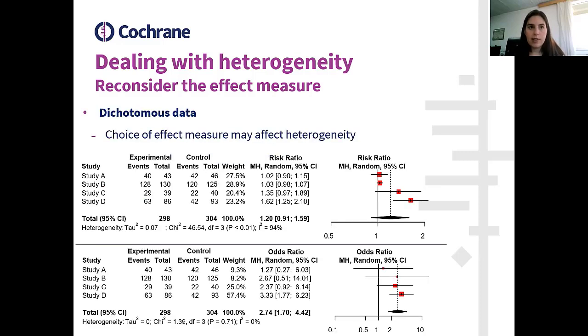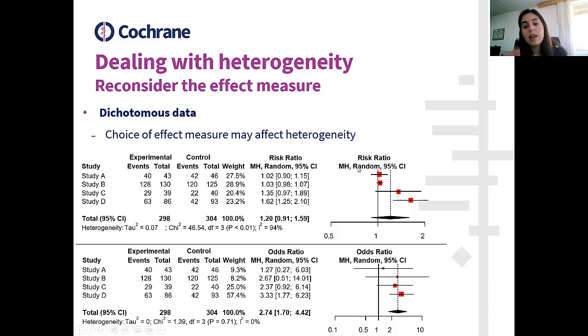For dichotomous data, the choice of the effect measure may also affect heterogeneity. Let's see this issue in this example. We have two meta-analyses with 4 studies. We have the same studies in the first and the second case, and we have performed the meta-analysis using exactly the same data.